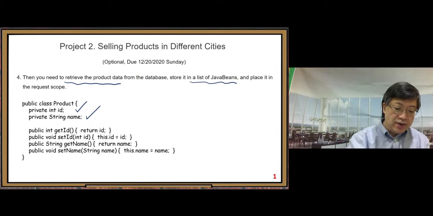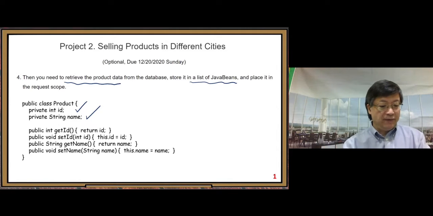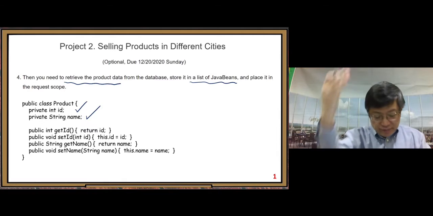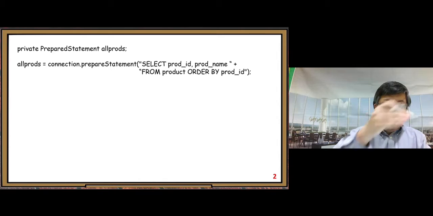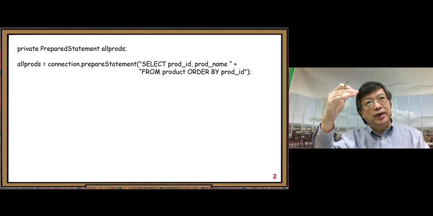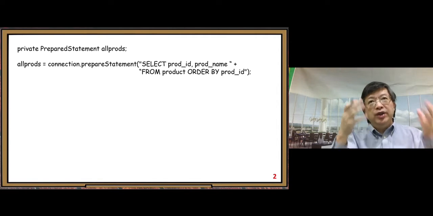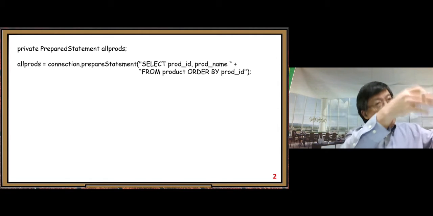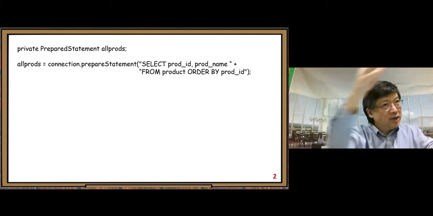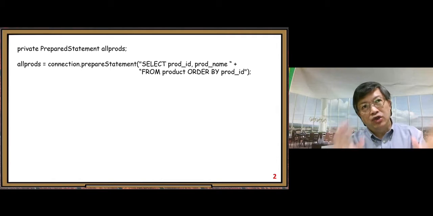All right, so setters, getters. This step is straightforward. Next step, we need to do the query. In our servlet, we need to retrieve it from the database. Although we do the database connection, that is the standard part, so here I do not show that part.